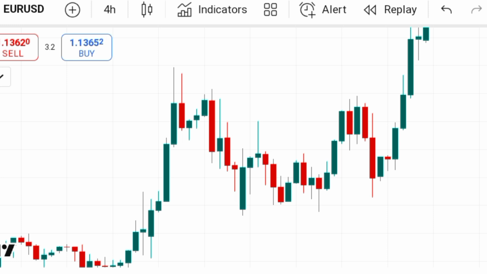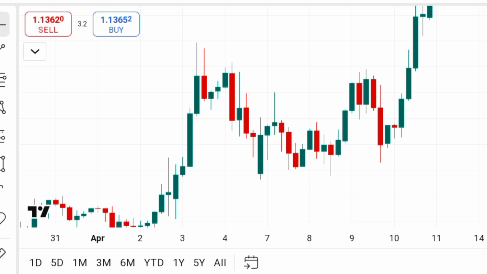Then on my H1, I would like to turn my chart to a normal candle. The reason why I want to make use of a Heikin Ashi candle is that I want it to filter noise for me, to know if the trend that I'm reading is correct or not. So that's why I'm going to be making use of Heikin Ashi candle for my trend. So therefore, I'm going to change this chart now from my normal candle to Heikin Ashi candle.